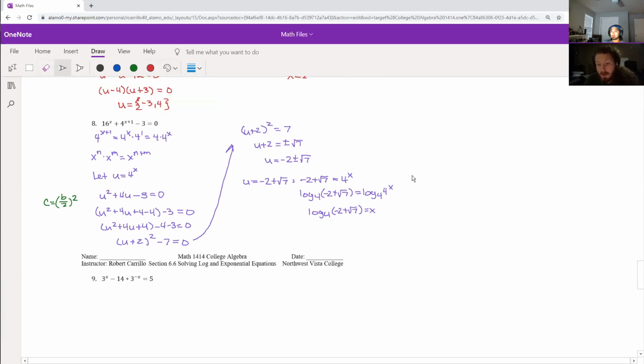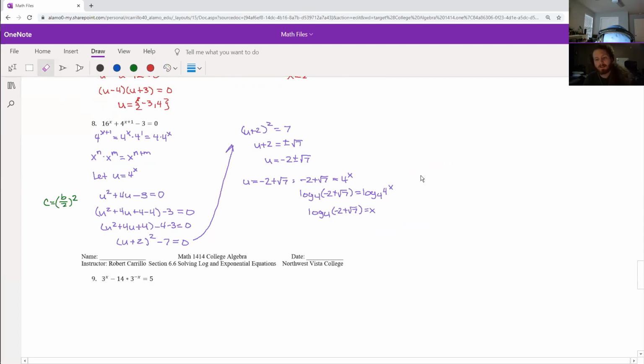So then let's check the other one. U equals negative 2 minus the square root of 7. Based off of the work I did for the first one, this is strictly less than 0. So this cannot be a solution, because you take a negative and subtract more from it, you get less than 0.